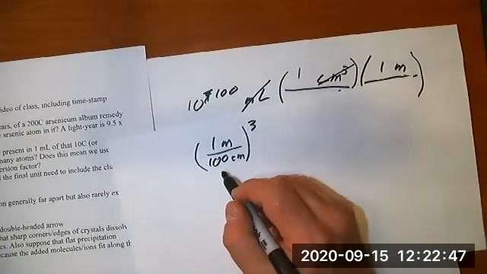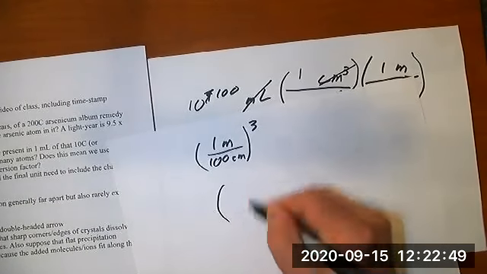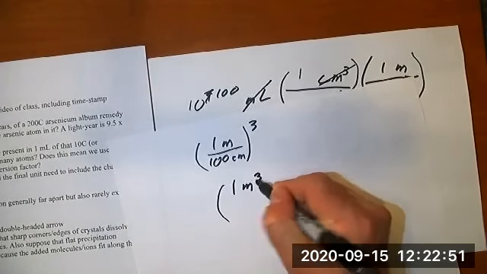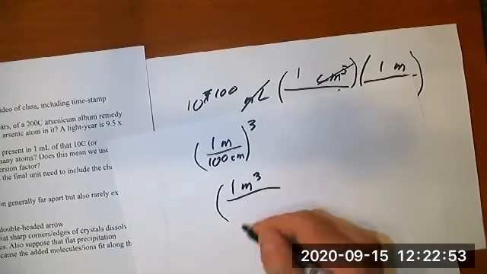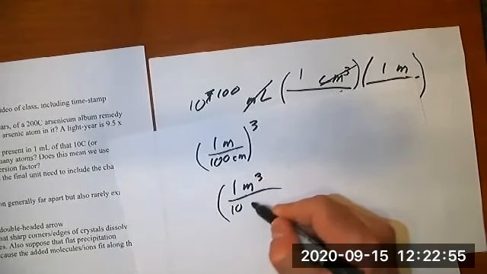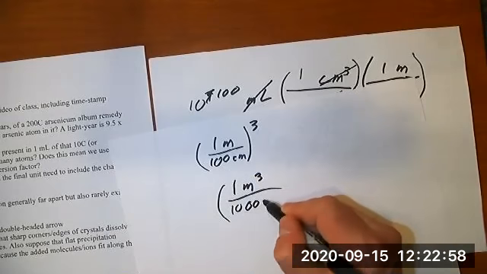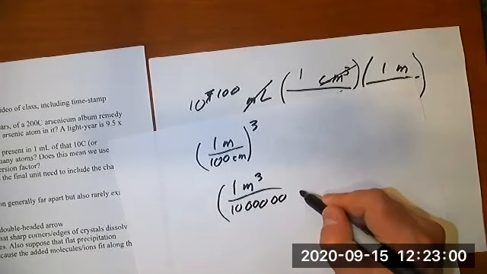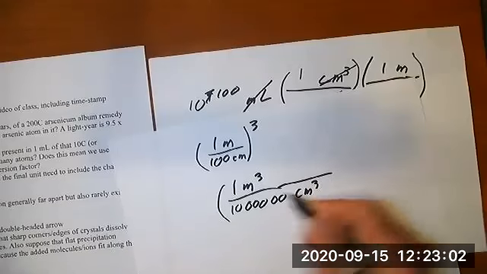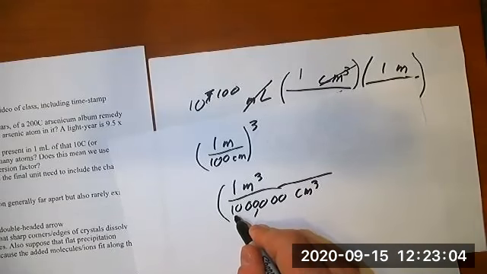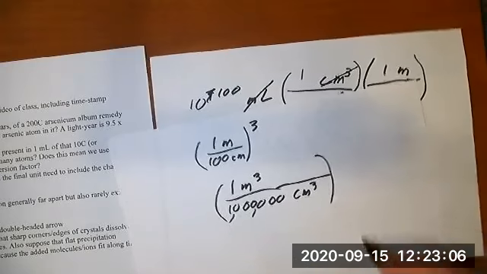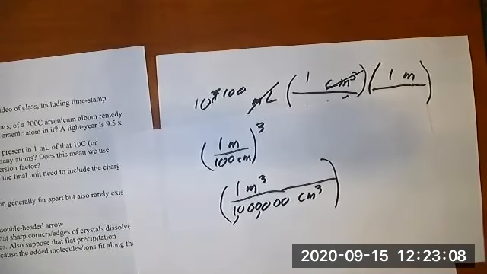Alternately, you could figure out what 100 cubed is, and you could put this in as 1 meter cubed over 10 to the 6 cubic centimeters. I think I did that right. Yep. Put it in as that.